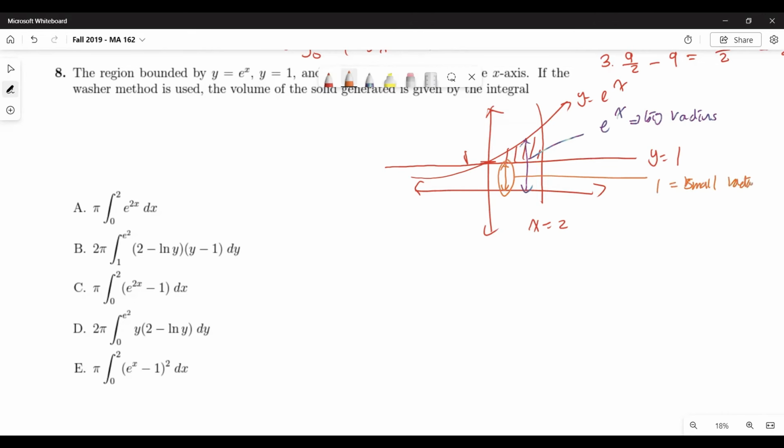So the Washer method says the volume is pi times big radius squared, e to the 2x, minus small radius squared, minus 1, dx, from 0 to 2. So if you look at the answer, that's just C.